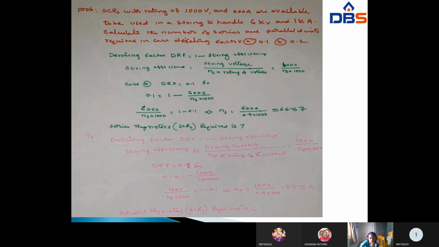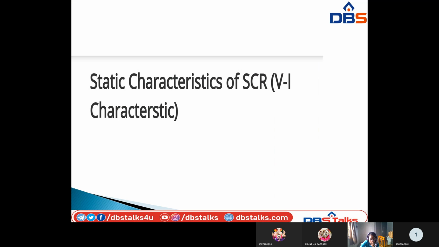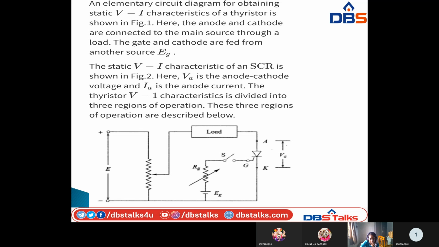Okay, so next, static characteristics of SCR. Static characteristics are also called VI characteristics. An elementary circuit diagram for obtaining the static VI characteristics of a thyristor is given.